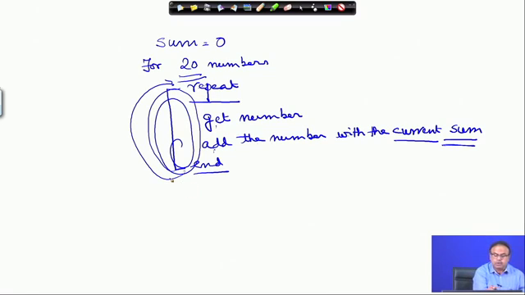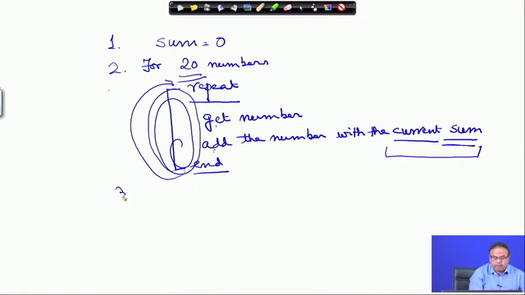Then what I have to do? So, this was step 1, this was step 2, this was step 3. So, this step 3 was repeated 20 times. I am sorry, actually, this is the second step which I did 20 times, and after that I have got all the numbers added.